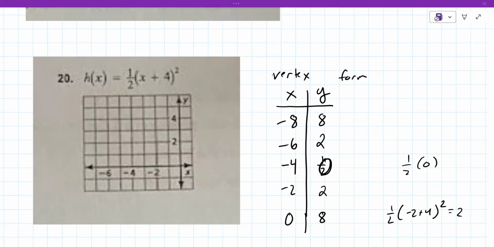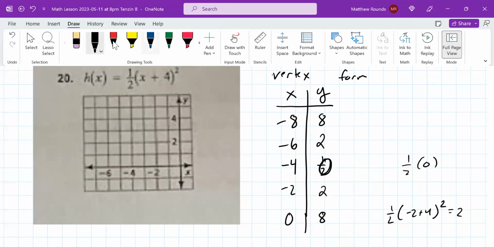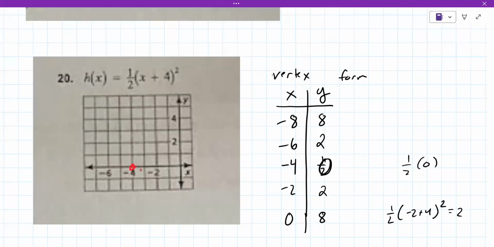Let's go ahead and graph those points. Probably good to start at the vertex there. I'm going to do it in a different color here. -4, 0, -6, 2, -2, 2. You can't draw the 0, 8, so you can kind of estimate it up there.